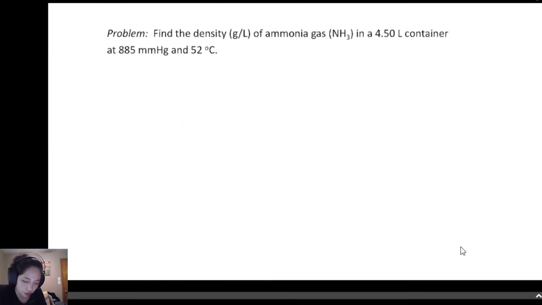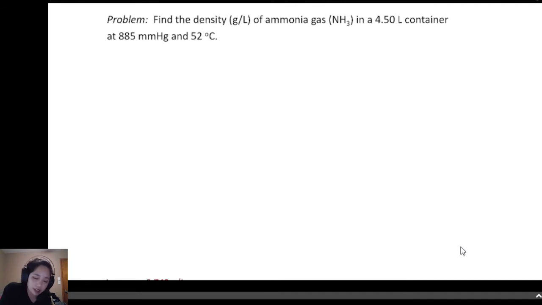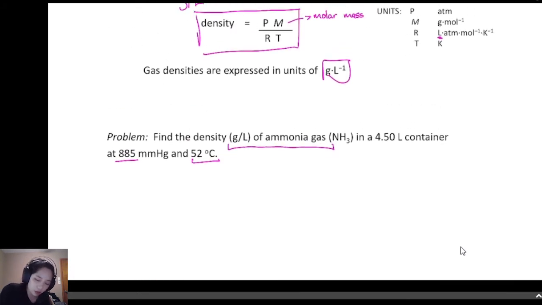Okay, so let's do an example. Let's find the density of ammonia gas, NH3, in a container that's 4.5 liters at 885 millimeters of mercury pressure and 52 degrees Celsius. So almost everything needs to be converted. Let's start with the density equation, because we are trying to get density.